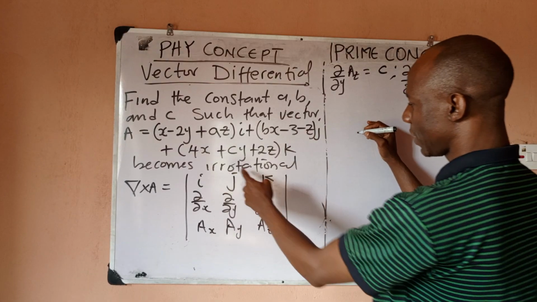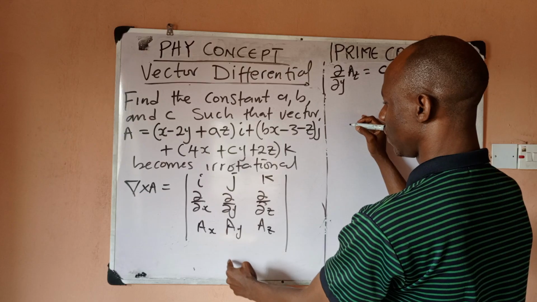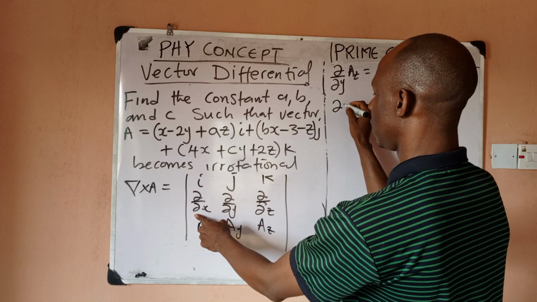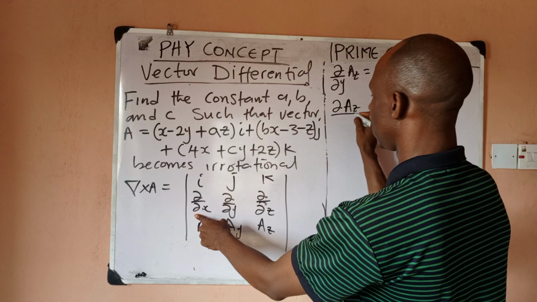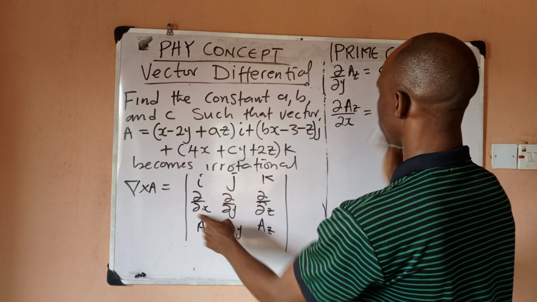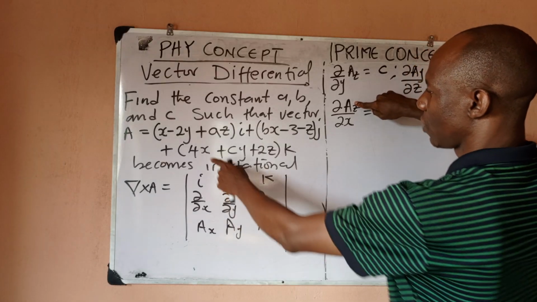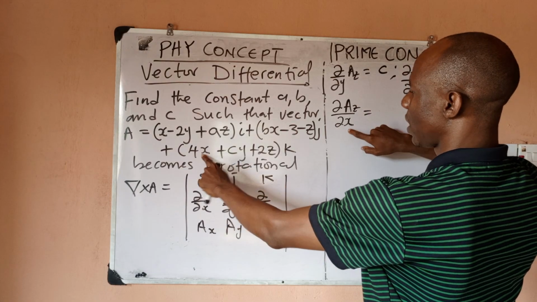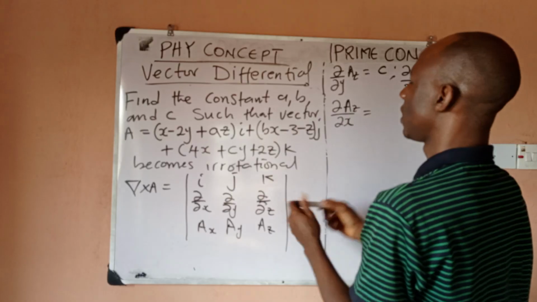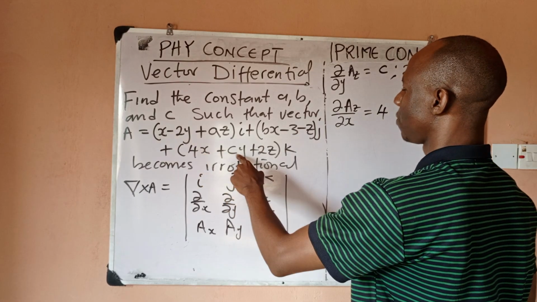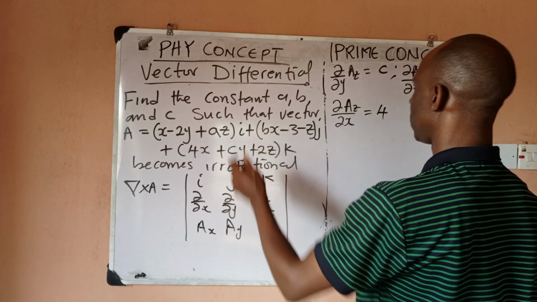Then next, I'll go for j. So for this and for this, I'll be differentiating the derivative of Az with respect to x. So Az is actually this, differentiating with respect to x. If I differentiate this first part, I will get 4 because it has x. Differentiate this is 0, differentiate this is 0.